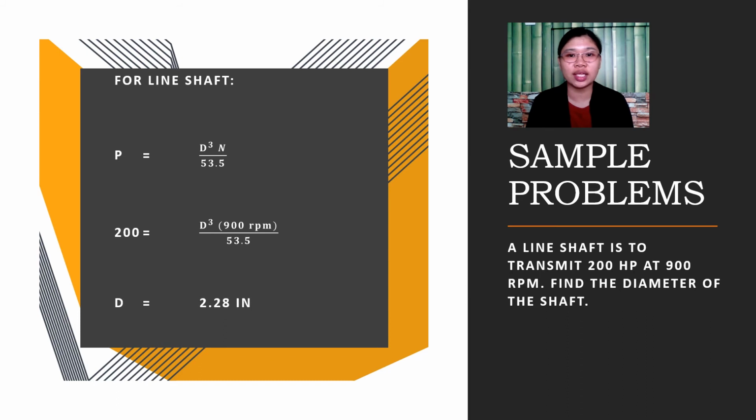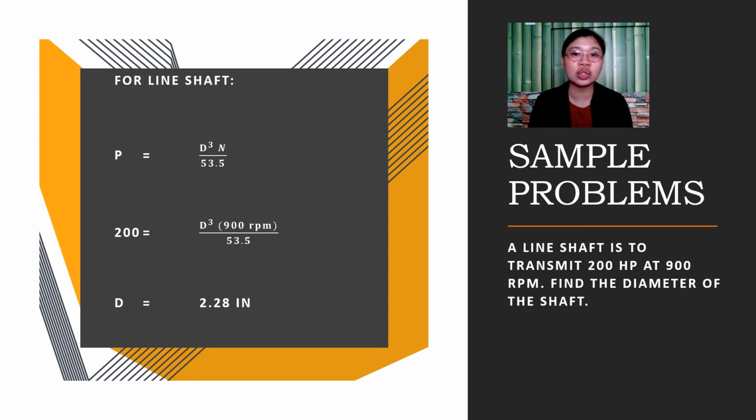Again, it is mentioned that it is for line shaft. Our formula for line shaft in solving the power is d cubed n over 53.5. We already have a power given, which is 200 HP. Luckily, we don't need to convert kilowatt or any unit of power to HP, since the given is already in HP, which is the required unit for our empirical formula. And we have 900 RPM, which is also already in RPM.